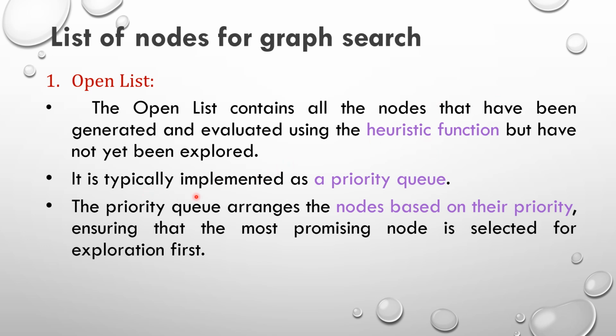It is typically implemented as a priority queue. Okay, in the queue technique, many types are there, so here we are considering the priority queue. The priority queue arranges the nodes based on their priority, ensuring that the most promising node is selected for exploration first.